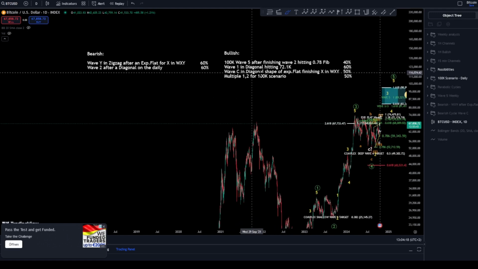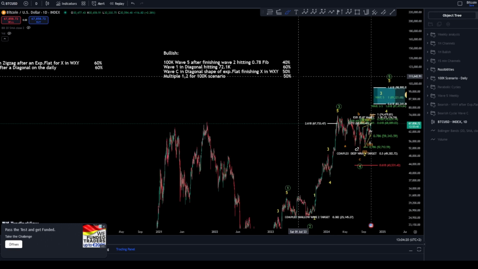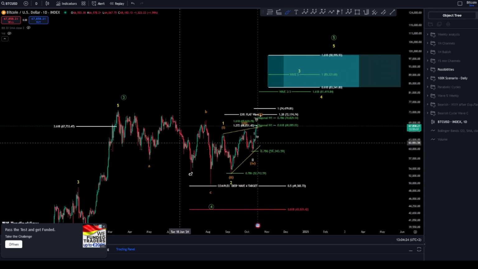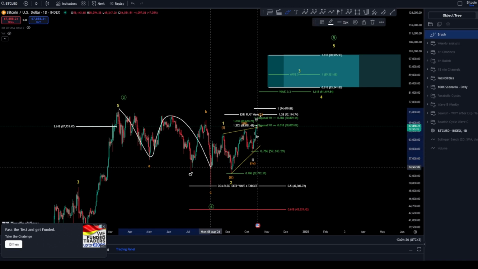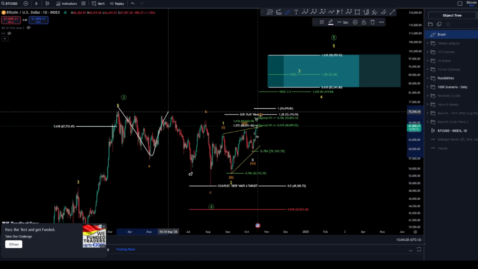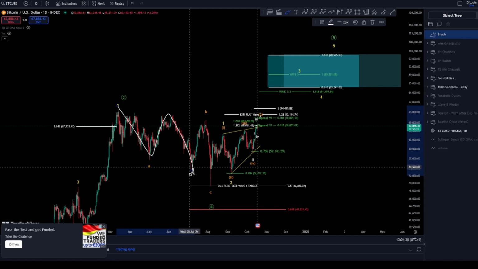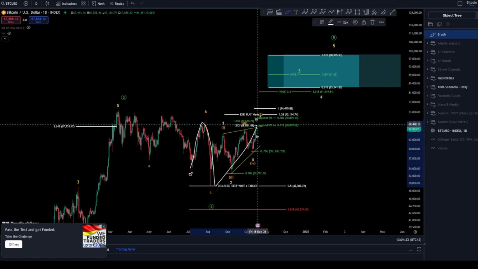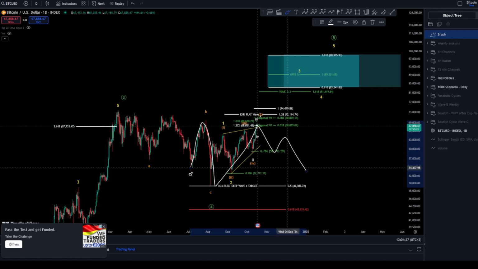Possibly this is your highest: a wave C in a diagonal shape of an expanding flat finishing. So our expanding flat, if you remember, after finishing ABC here, where your C has finished exactly on the white C, and then we are looking to an expanding flat finish. So by all means, now you are looking for a big zigzag.